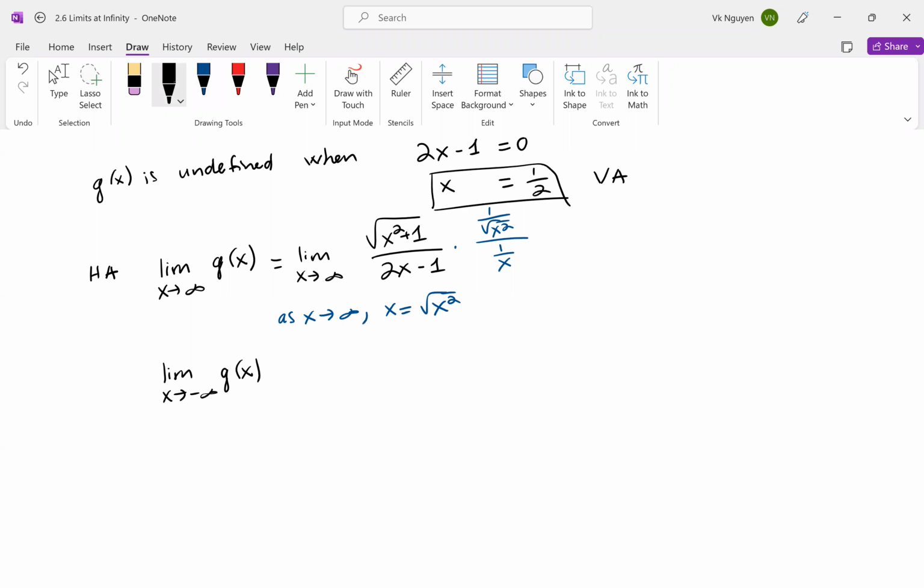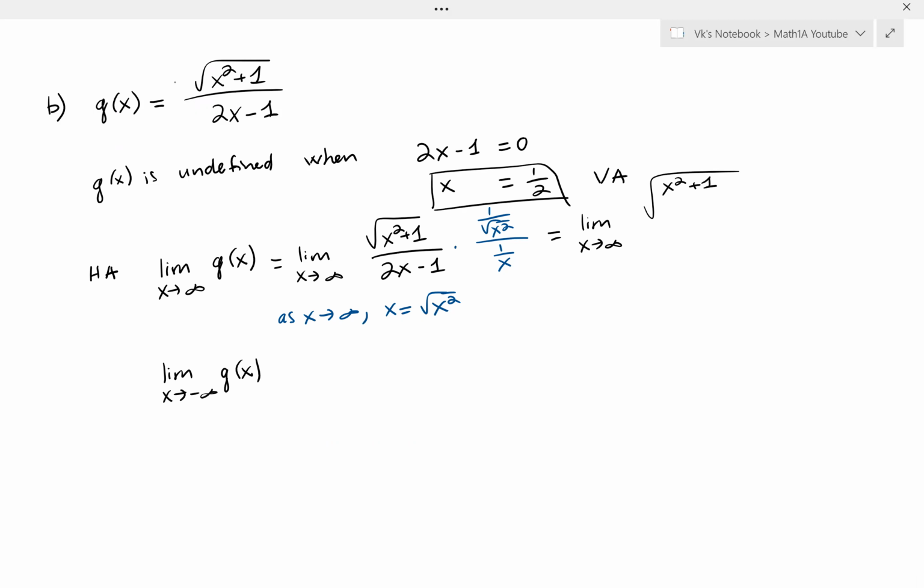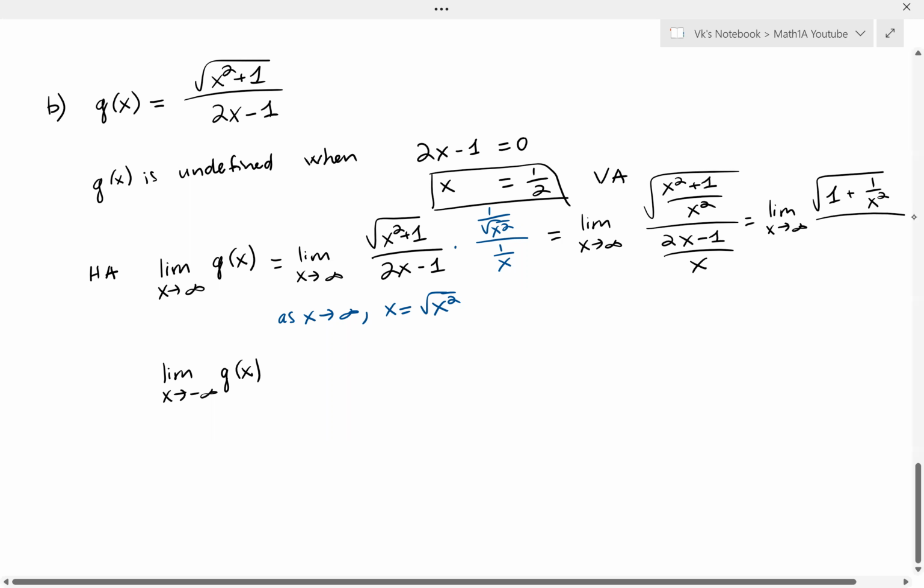Using algebra, we can simplify this to be the square root of (x squared plus 1) over x squared, over (2x minus 1) over x. And this is the limit as x approaches infinity of the square root of (1 plus 1 over x squared) over (2 minus 1 over x).